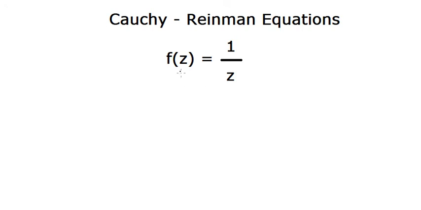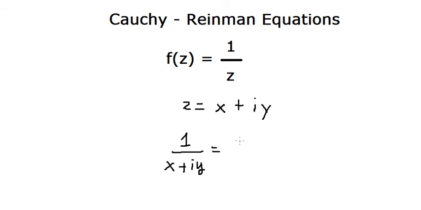We have f of z is equal to 1 over z. So in this situation, we can change z into x plus i y. So we got 1 over x plus i y. So we can multiply both sides, numerator and denominator, by x minus i y.